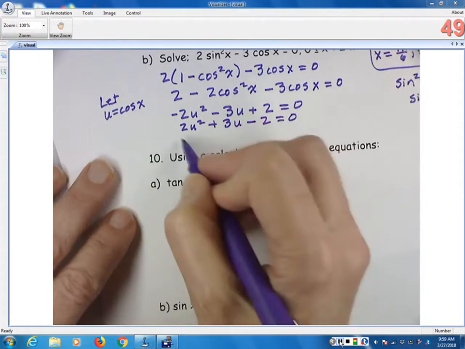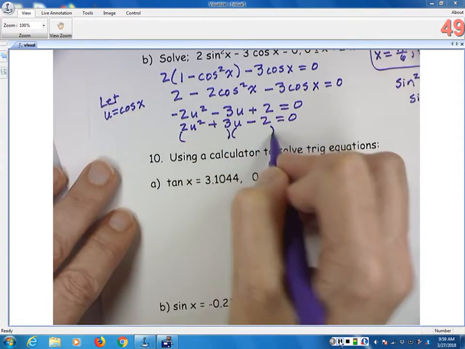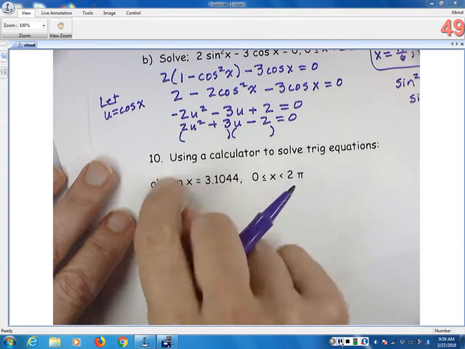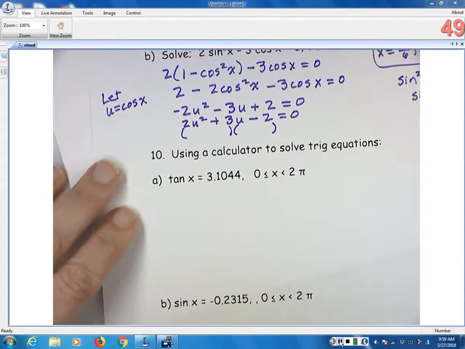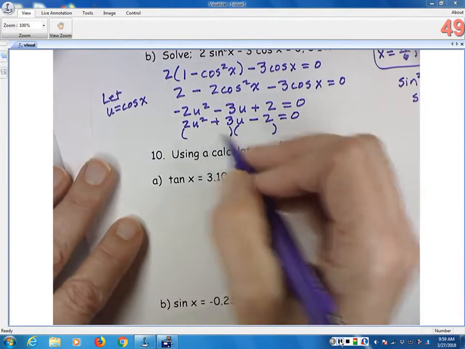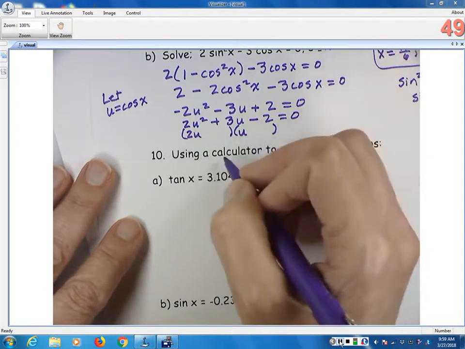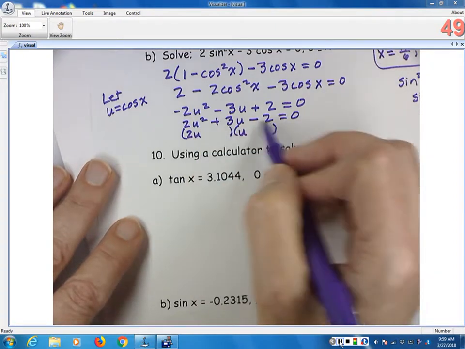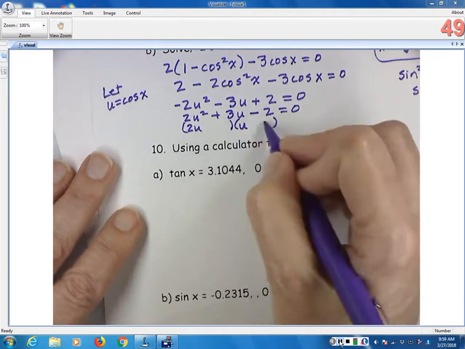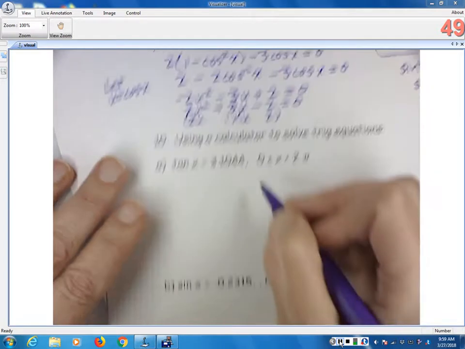And then factor. It's possible to factor with the negative out here, but it's much more complicated. It's going to be a 2u and a u. We got a 2 and a 1, but notice the 2 doesn't come out of everything, so the 2 has to go over here, the 1 here.